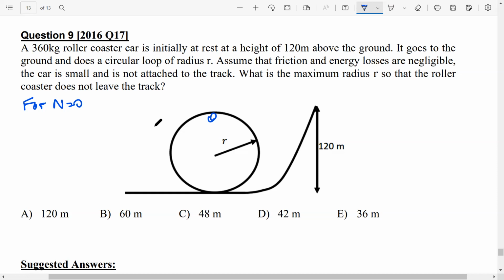So for N equals to 0, this is just in contact. At here, mg equals to mv squared over r. By right, it's supposed to be mg plus N, so N equals to 0. So v squared equals to gr. So that is the speed that is just in contact here.